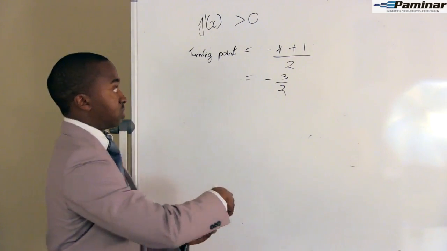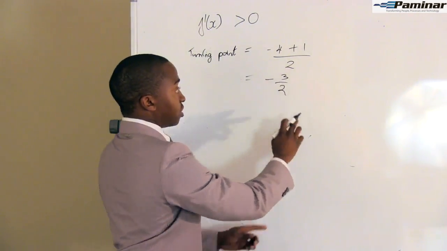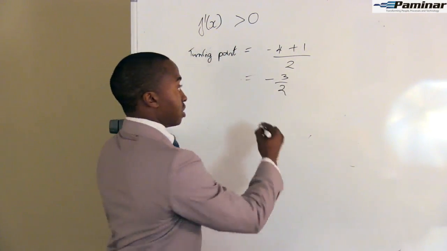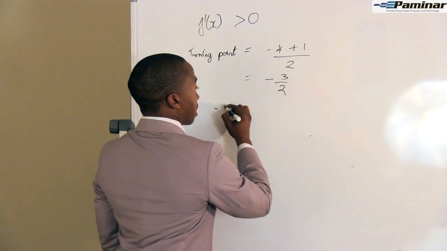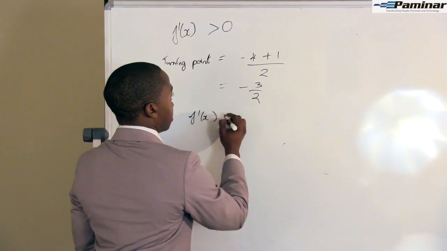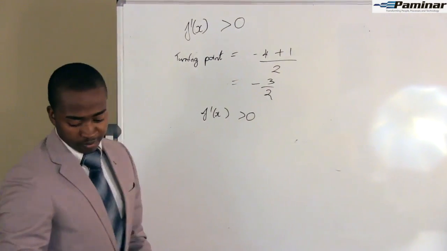That's the x value. And then what we're saying is that this is the value of f prime x at that point. So f prime x should be greater than 0.